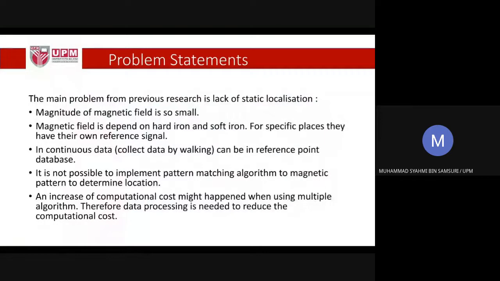Data collected by walking a path can be a reference point in a database, so it is not possible to implement a pattern matching algorithm on a magnetic pattern to determine location. An increase of computational cost might happen when using multiple algorithms, therefore data processing is needed to reduce the computational cost.